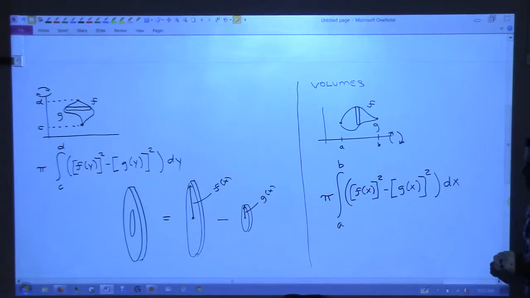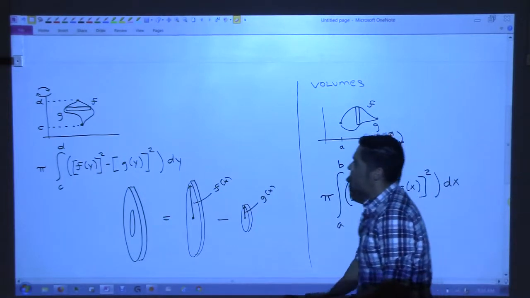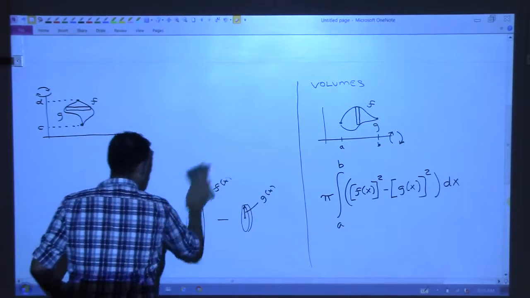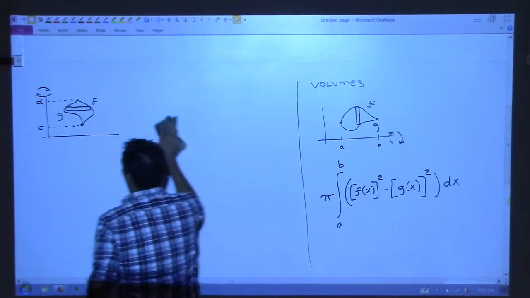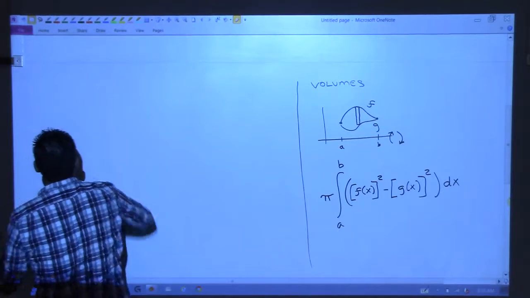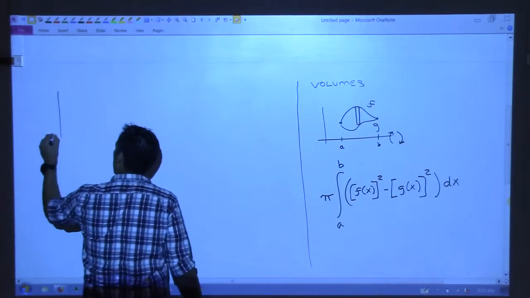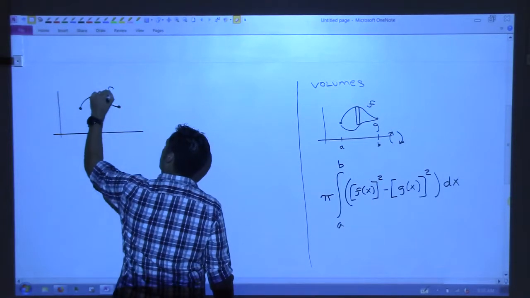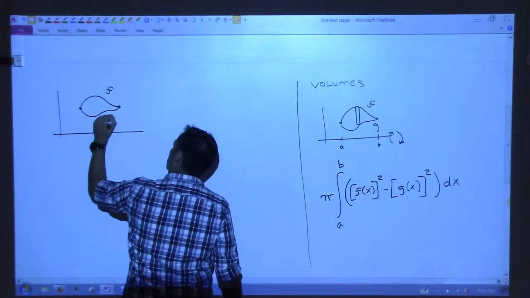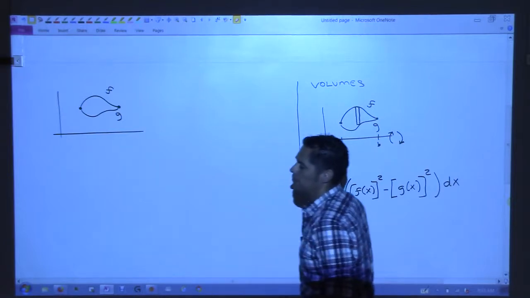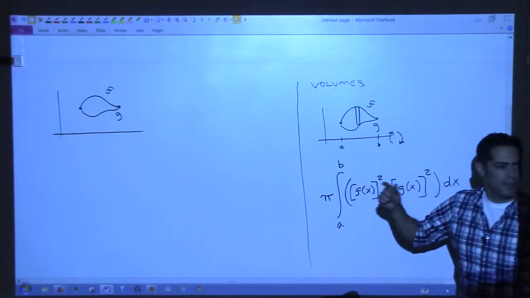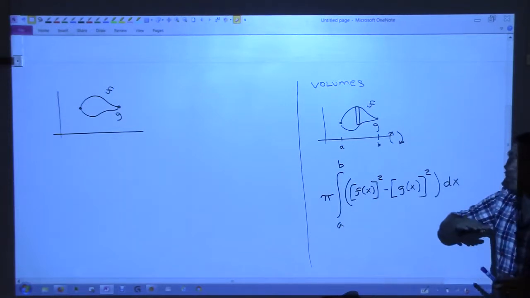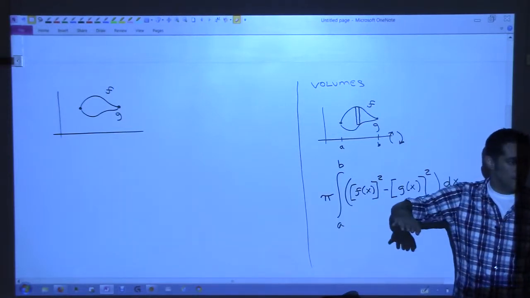All right. Okay, let's move forward now. So what if we have a scenario like this? What if we have this picture, function here f, this function g, but instead of wrapping this around the x-axis, I want to wrap it around some arbitrary horizontal line.